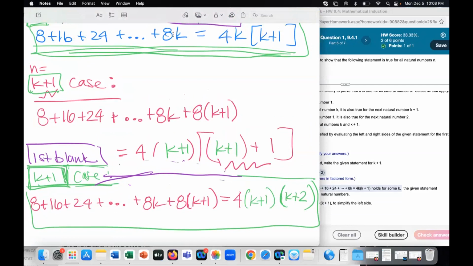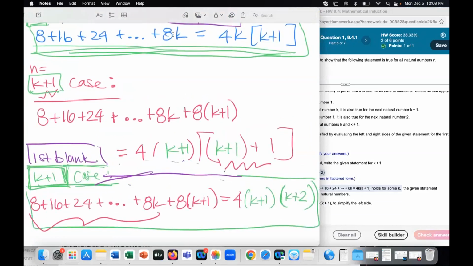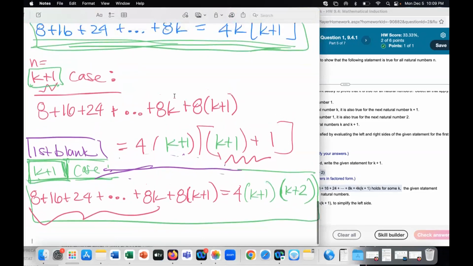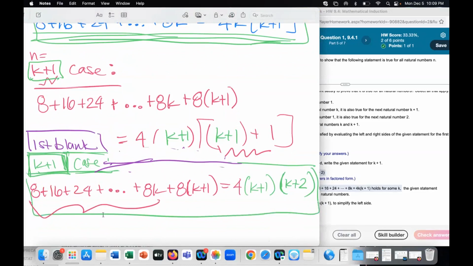This is my k case. And what do we know? From the k case above, that side is equal to 4k times k plus 1. I'm just going to pause for a second while I let y'all look at that.